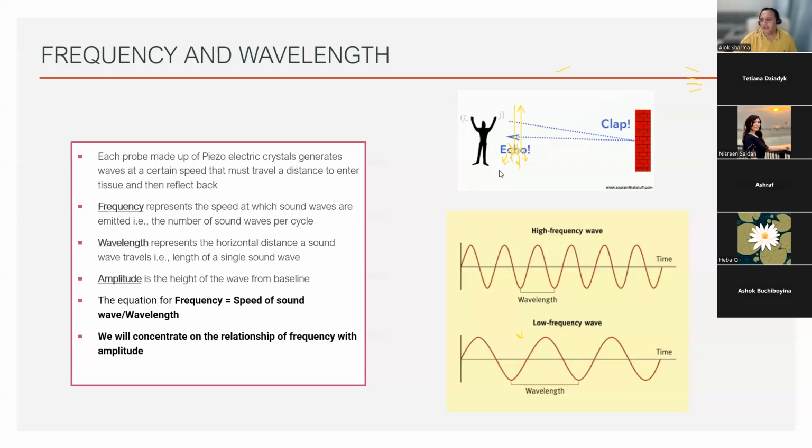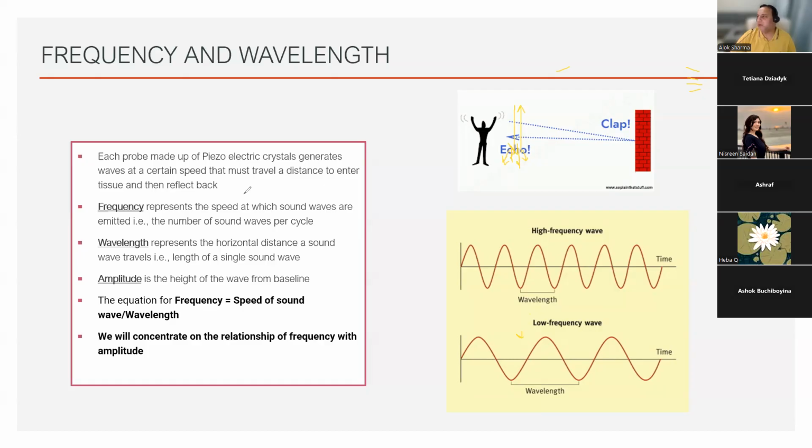Okay. So now we're going to talk about a very, very important concept. And this is a concept that I'm not going to move away from until all 17 of you completely understand what frequency, wavelength, and amplitude mean when we talk about an ultrasound wave. Now, I want you to have a look at the image on the right.